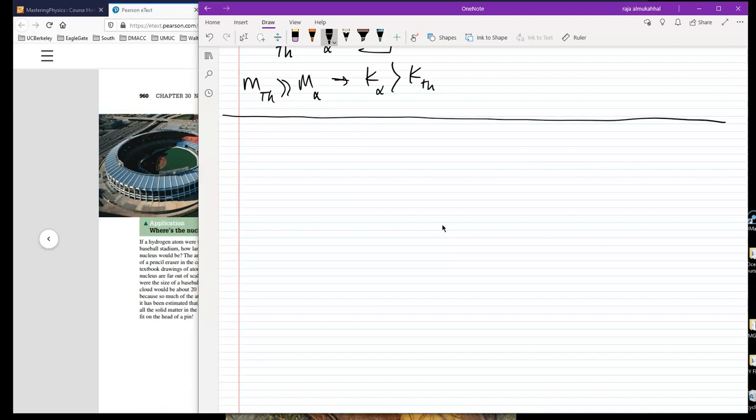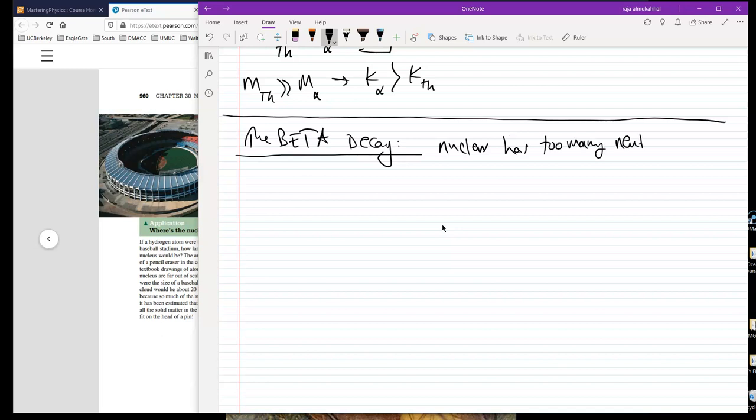The beta decay. So the beta decay happens when a nucleus has too many neutrons.